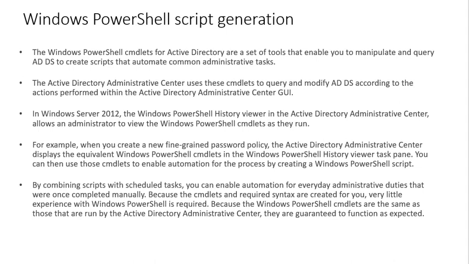For example, when you create a new fine-grained password policy, the AD Admin Center displays the equivalent in PowerShell, which you can utilize to automate certain activities. By combining a script with a scheduled task, you can enable automation for everyday admin duties that were once completed manually. Because the cmdlet list and required syntax are created for you, very little PowerShell experience is required. Also, you can automate it by PowerShell or DSC.